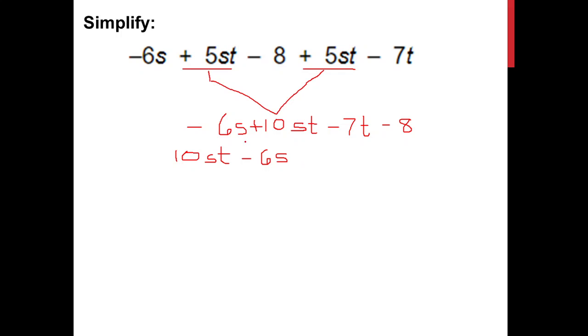I'm just following the alphabetical order of the variable. S comes first, then T. Make sure that the sign of each term is not changed when you rearrange. 10st is positive, 6s is negative, 7t is negative, so is the constant 8. So this is our answer.